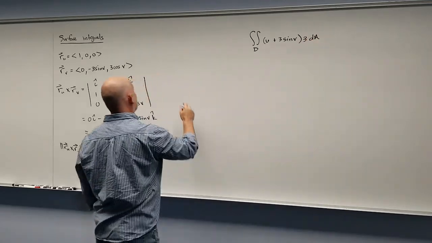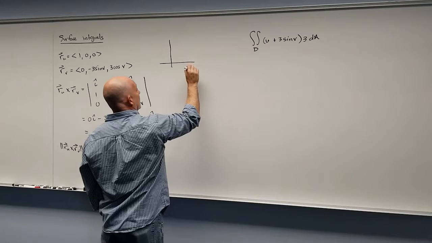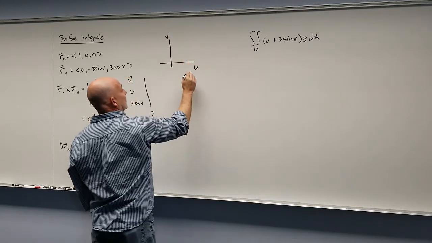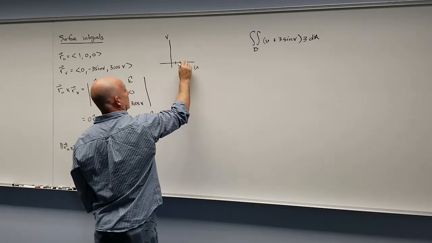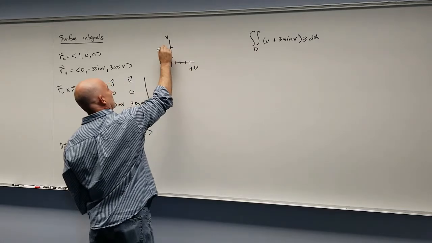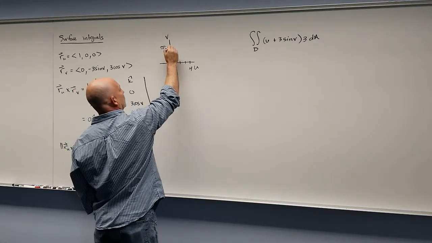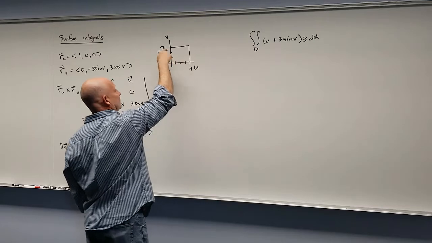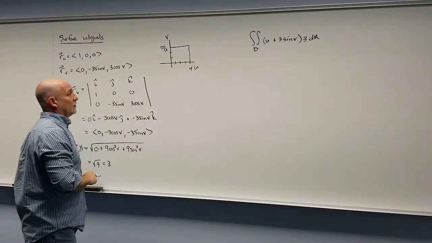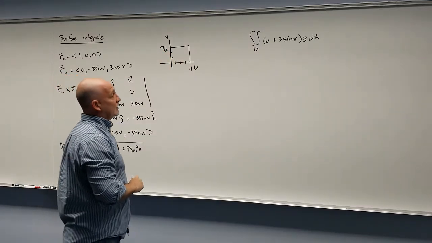Now remember, for our domain, I just erased it a second ago, we have a u and a v. We said u went from 0 to 4, and v goes from 0 to pi over 2. I just put some hash marks on there. Okay, so we end up with this rectangle.